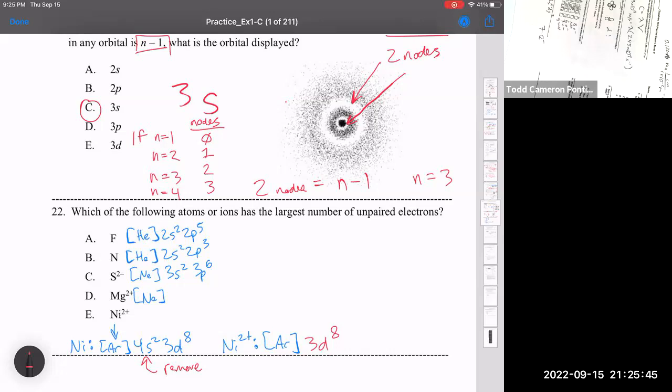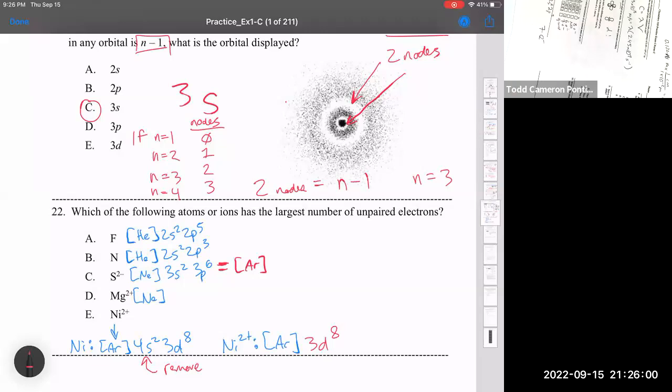If we look at S2 minus, it actually has argon's configuration.